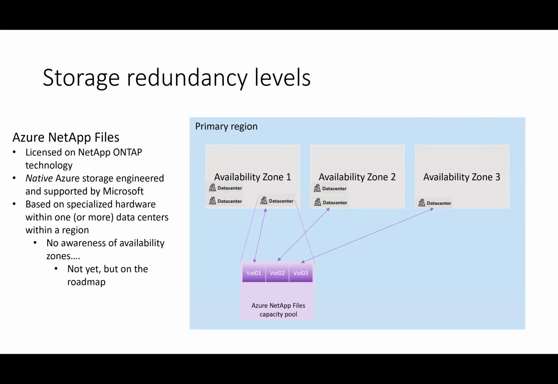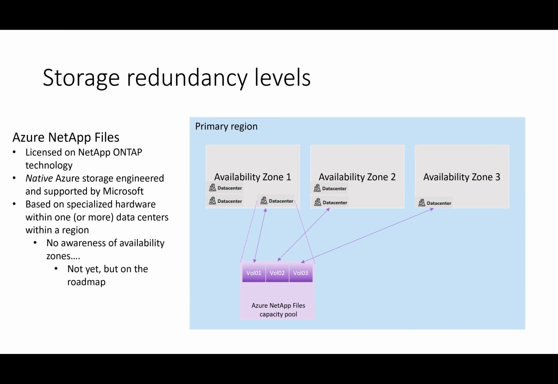Okay. Azure NetApp Files is another type of storage that I'm sure Kellen mentioned. It's licensed from NetApp, but it's Microsoft technology. It's native to Azure, and it's at present built so that it has to reside in one of the data centers in a region, but it's available across all data centers and availability zones. Basically, it's unaware of availability zones within a region.